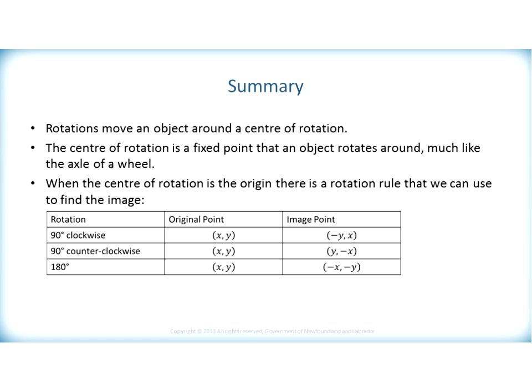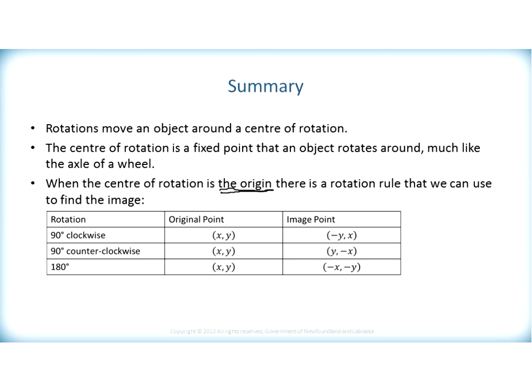So the center of rotation is a fixed point that an object rotates around. When the center of rotation is the origin, and only when it is the origin, there is a rotation rule that we can use to find the image. We've written this before, but I'll summarize again.